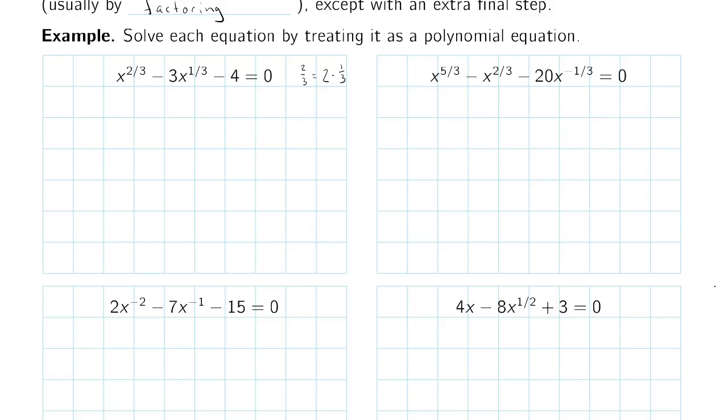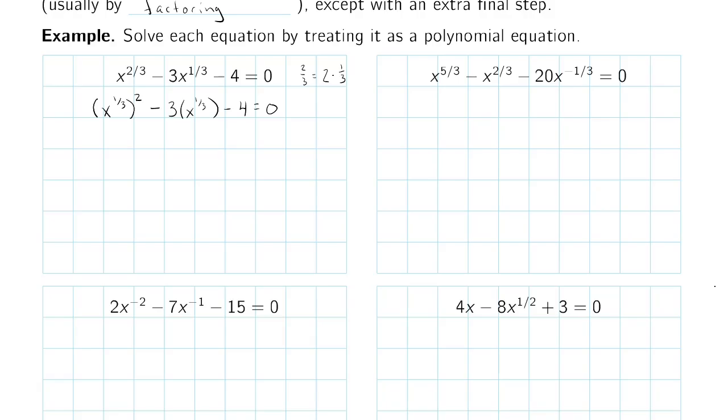And so we can write this expression as x to the 1/3 squared minus 3x to the 1/3 minus 4 equals 0. So this actually works just exactly the way that it did when we were factoring trinomials of degree 4 or 6 by pretending that they were quadratic. We can also pretend that this polynomial is quadratic.